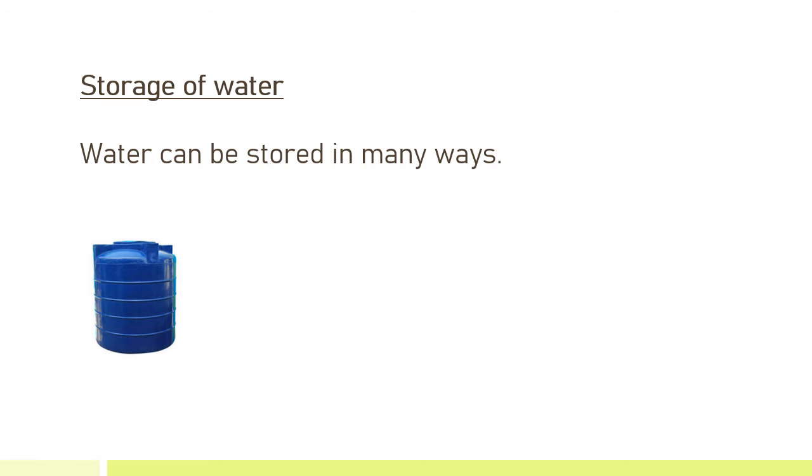What do we do for that? We store our water in a water tank. We fill it once or twice a day and then use it again and again for our works like bathing and cooking, isn't it? So this is the first way.